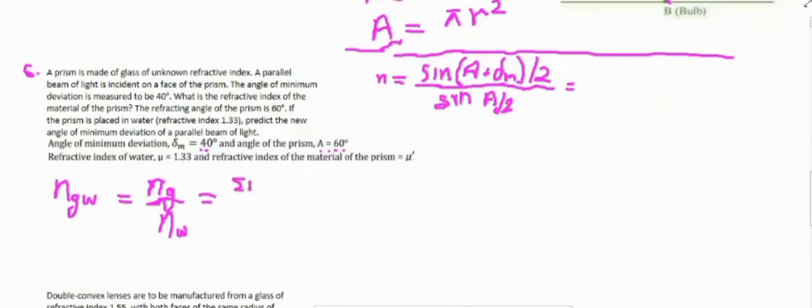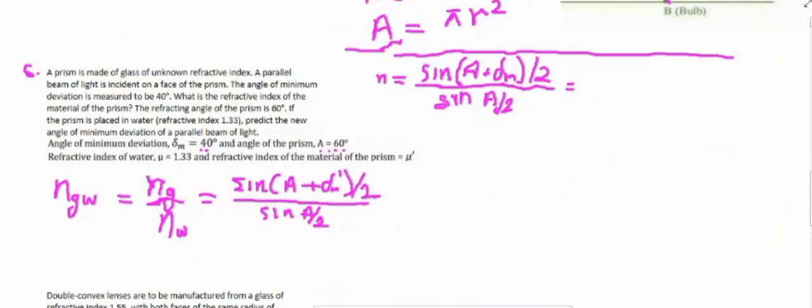That is equal to, again you have the same formula: sine of A plus delta M dash by 2, divided by sine A by 2. Then carefully you have to solve the question.